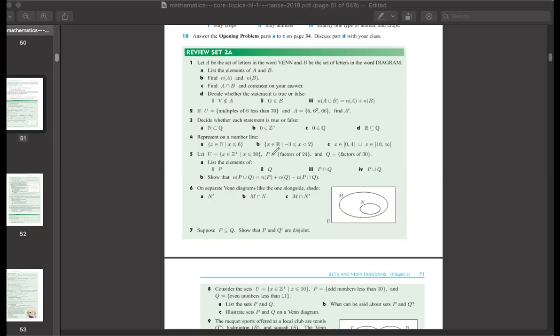Can the same element occur twice in a set? Technically, yeah.